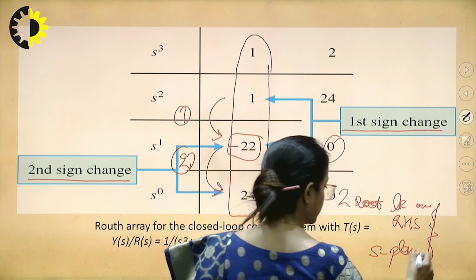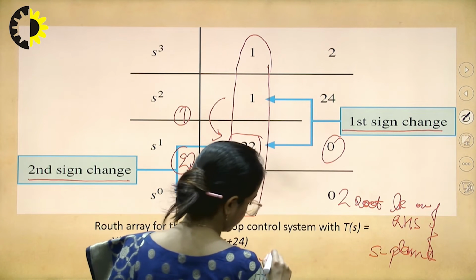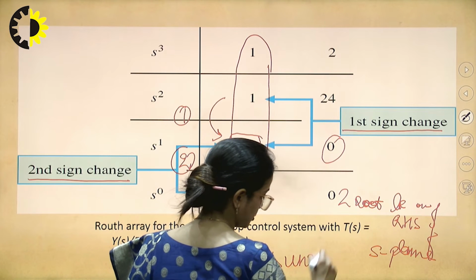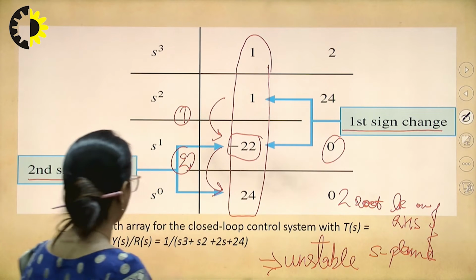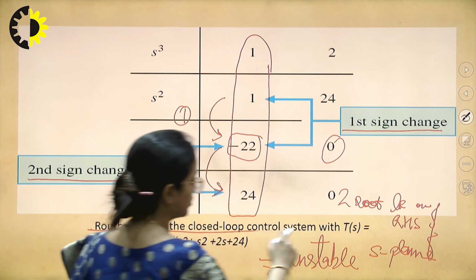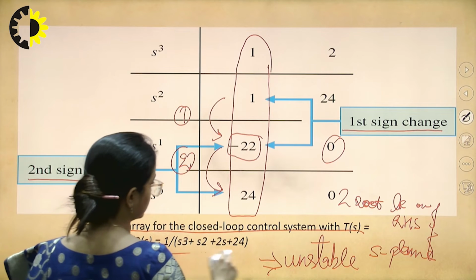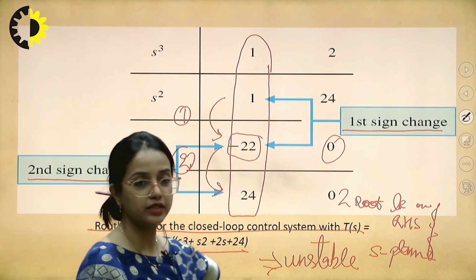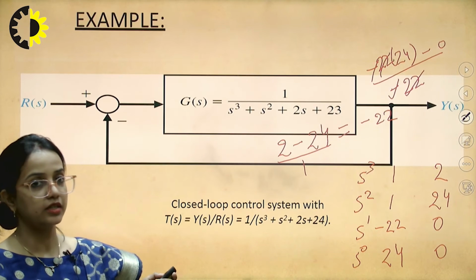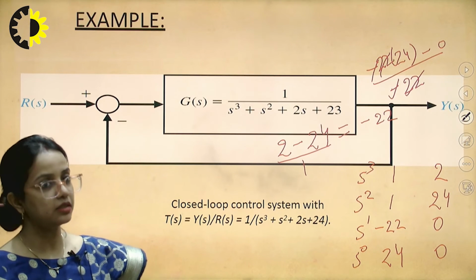So hereby the system becomes unstable. The Routh array for the closed loop control system with T(s) is this one, and here we can very easily see that the closed loop transfer function defined by this block diagram is an unstable system.